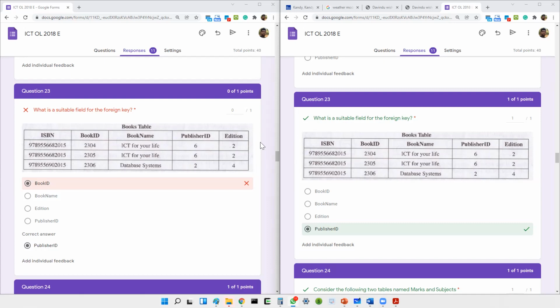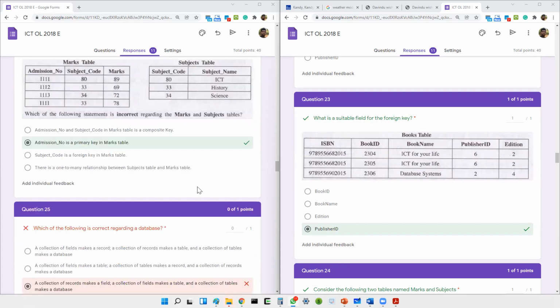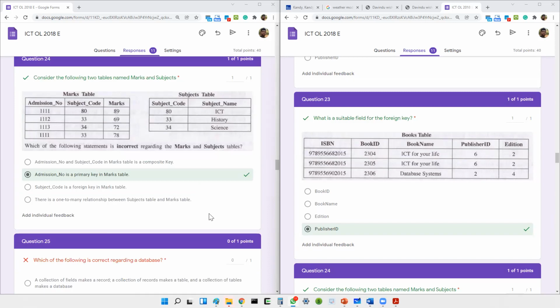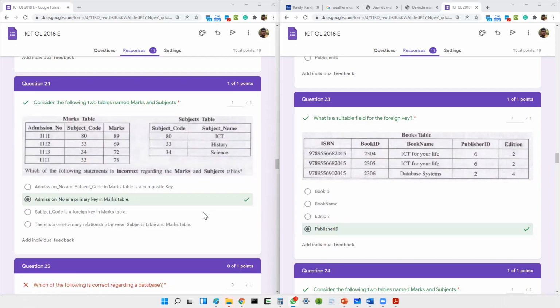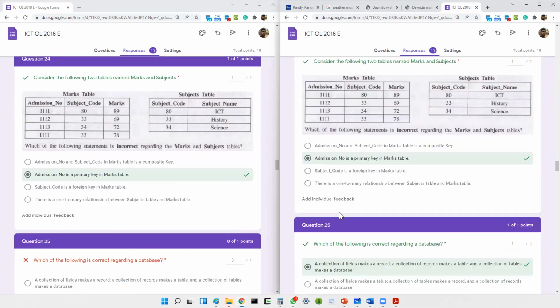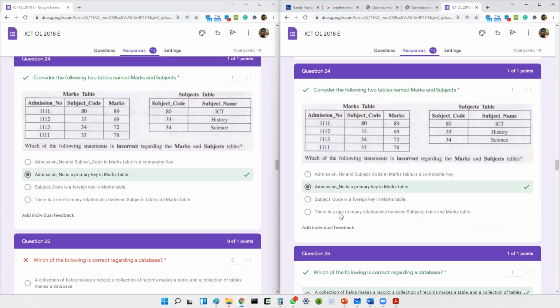So not the book ID because it's the same thing, book name, edition, everything is here, but publisher ID, which might connect to the publisher details. So we can say it's publisher ID.